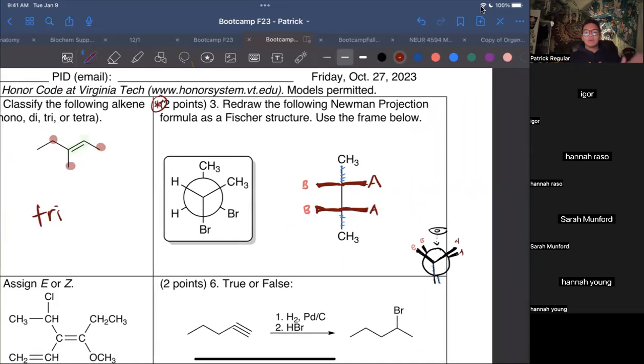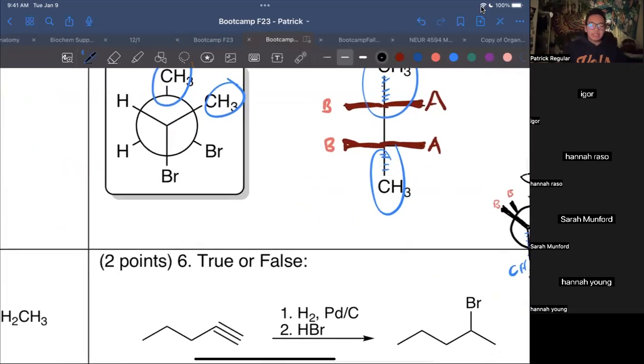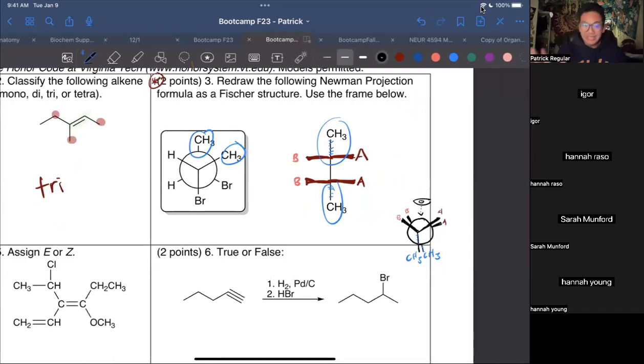Okay. With this in mind, now let's translate this Newman projection. If I know that they're going to be eclipsed, look at these CH3s. They're going to be eclipsed down here. Whatever's your top and bottom are going to be eclipsed. If I were to eclipse these two, it would look something like this. I'm going to zoom in.